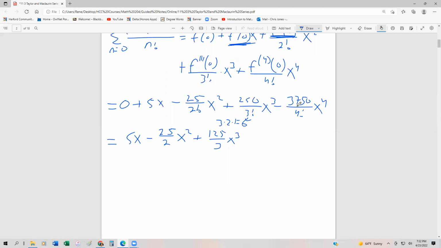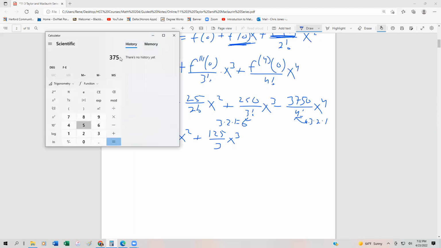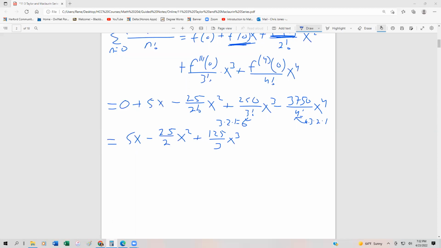I believe that these both have a common factor of 6. So if we take 4 factorial, remember that's 4 times 3 times 2 times 1. It's not going to simplify completely, but if we just use our calculator here, 3750 divided by 6 is going to give us 625. Okay, so this is going to be plus 625 over 4 x to the 4th.